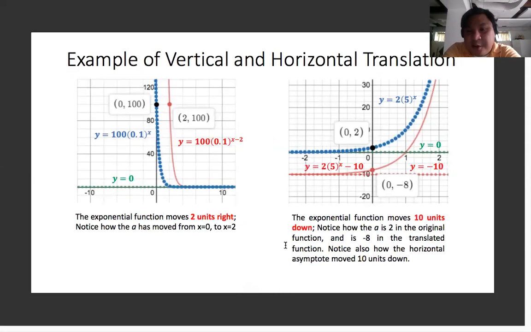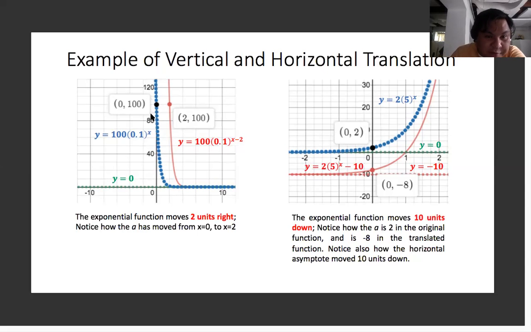All right, so here we go. Here are examples of vertical and horizontal translations. The blue graph is the original exponential function graph. In this case, we're only considering translations, but later we'll of course consider translations with reflections.